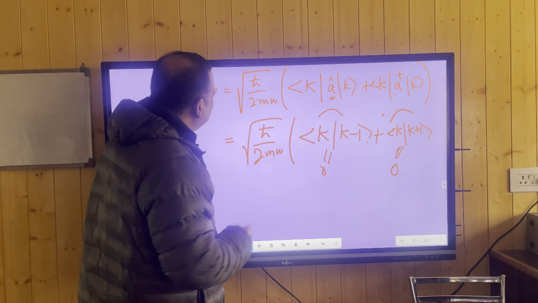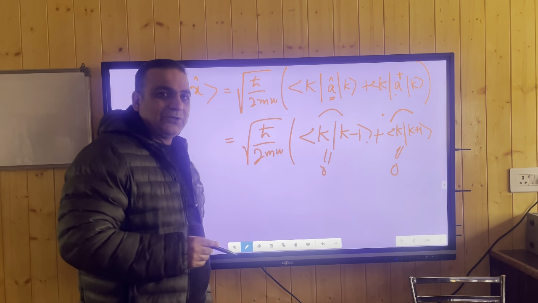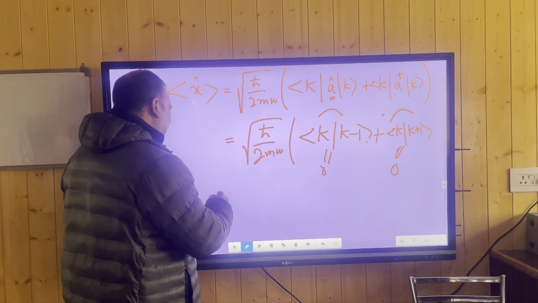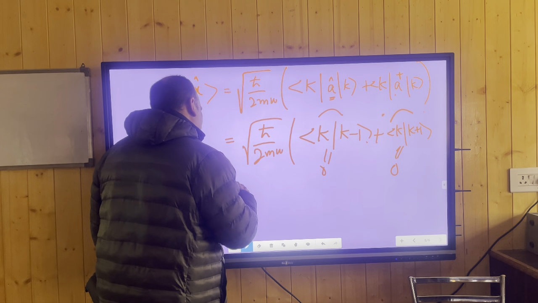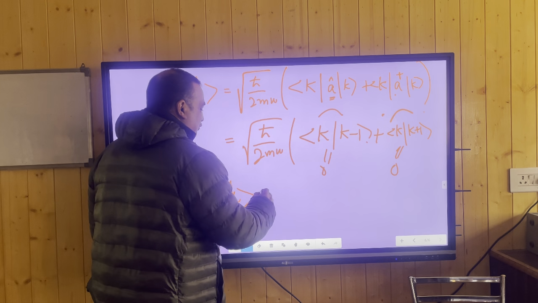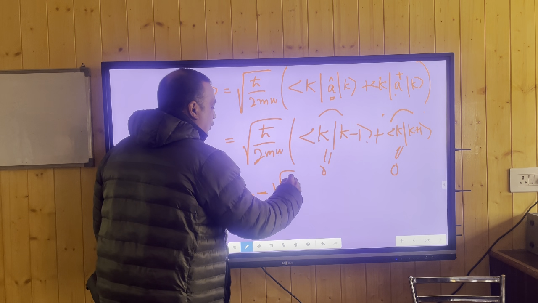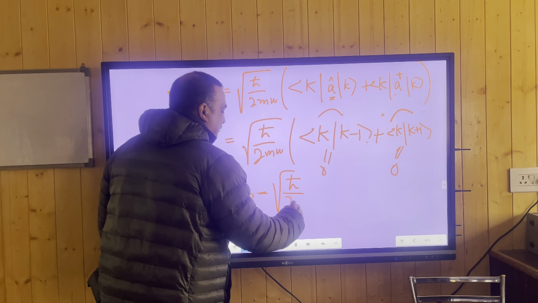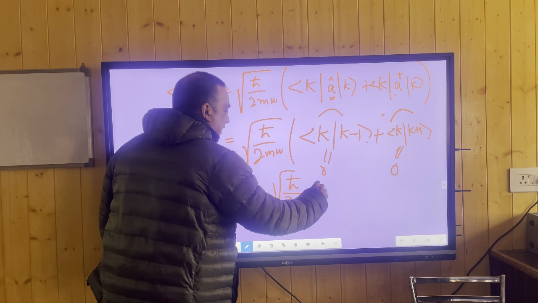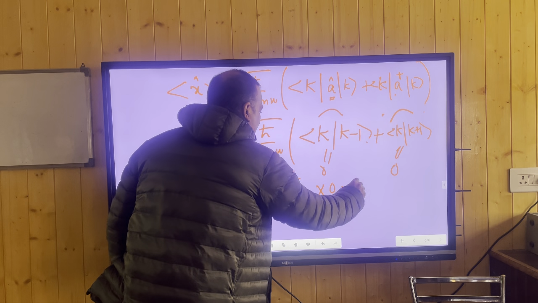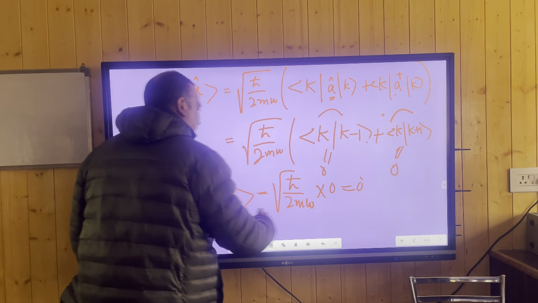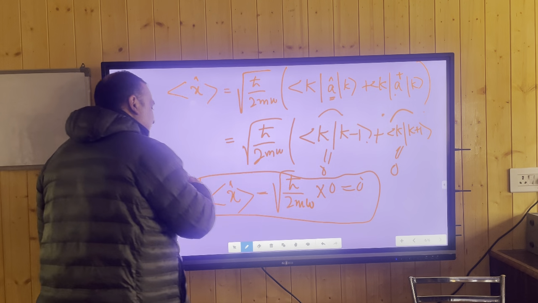So from this mathematical procedure, what we obtain is that the expectation value of the position is the square root of h bar by 2m omega multiplied by 0, so this is equal to 0. So this part is evaluated.